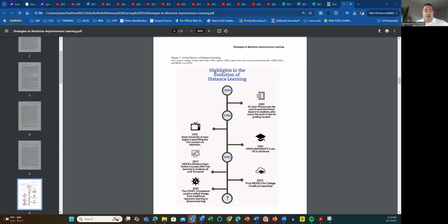MOOCs were massive online open courses, and it was a first major step in trying to democratize learning because people could take these courses, such as courses from institutions such as Harvard, Columbia University, and many others that formed these institutions, or for lack of a better word, they formed these cohesive, we'll call it coalitions, and formed organizations that some of you may have heard of in this day and age, such as Coursera, edX, just to name a few.